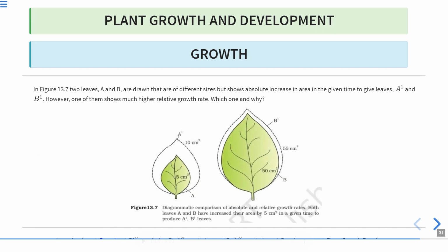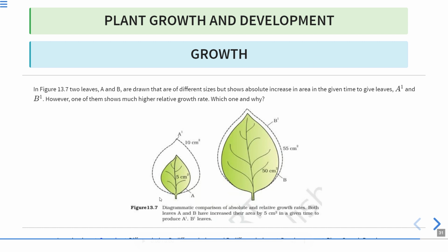So here you can see figure 13.7. Two leaves A and B are drawn, and they are of different sizes but show the same absolute increase in area in the given time, giving leaves A1 and B1.